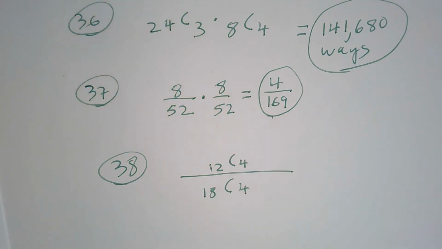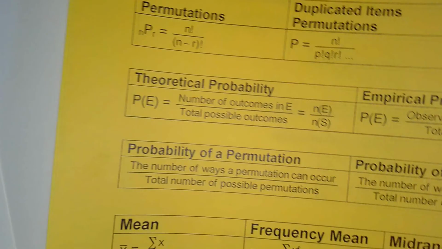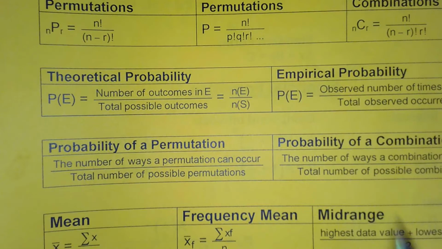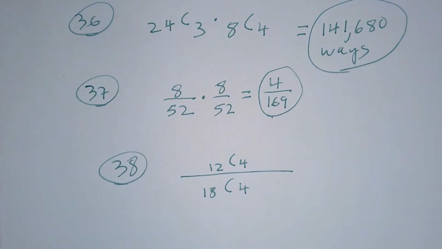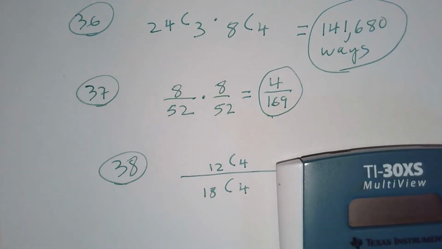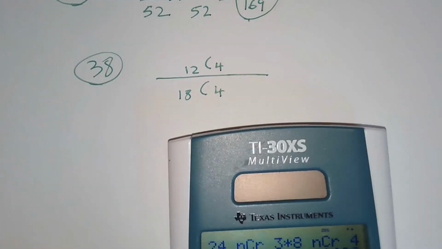And again, the idea here is on our formula sheet, number of ways a combination can occur over the total possible number of combinations. So let's go and put that in our calculator. We can actually put that as a fraction in our calculator.